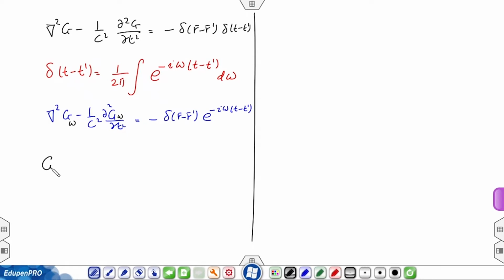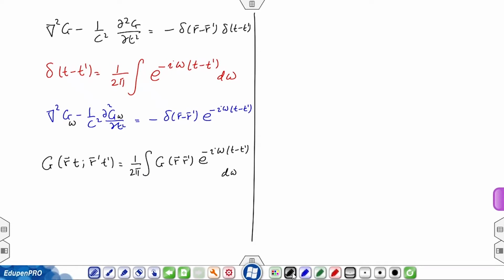Final g r t r prime t prime is going to be equal to integration of g omega r r prime e raised to minus I omega t minus t prime d omega 1 over 2 pi.